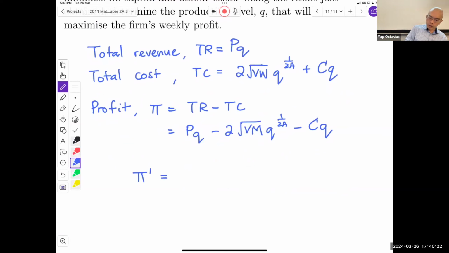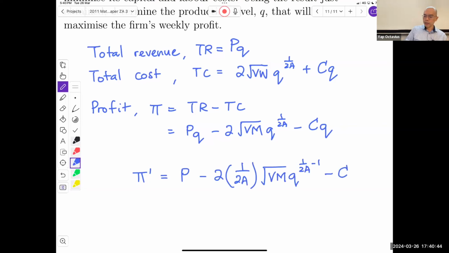This equals P minus 2 times 1 over 2A, Q to the power minus 1 over 2 maybe, minus C. Okay, so we set this to 0.